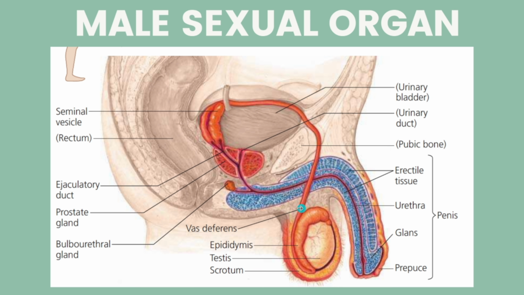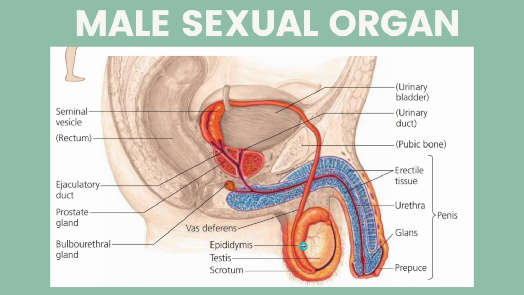It is transported through the vas deferens until it reaches behind the urinary bladder, where the seminal vesicle is located. What does the seminal vesicle do? Normally the seminal vesicle secretes the semen.